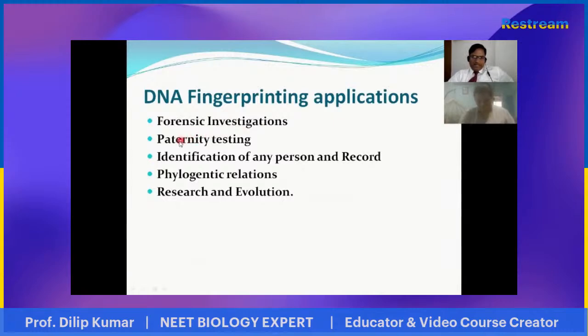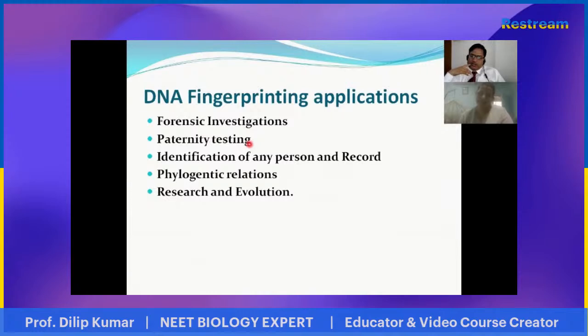Second one is the paternity testing. Paternity testing means parental testing. Suppose any case comes into the judiciary, in the court, for finding out the real mother or father. Before this, what happened? The court took the decision on the basis of blood testing.